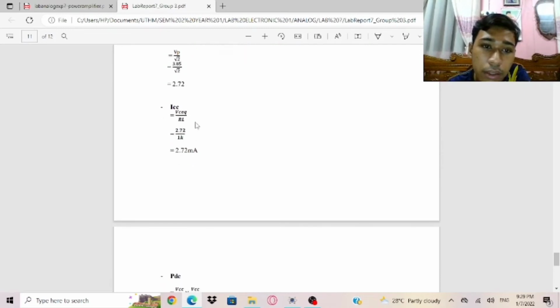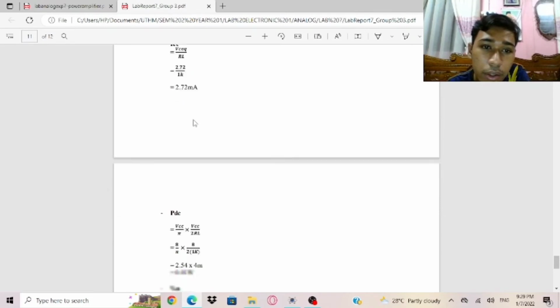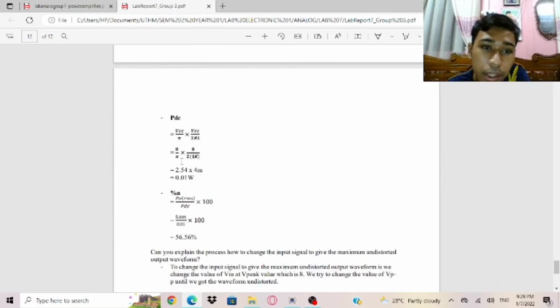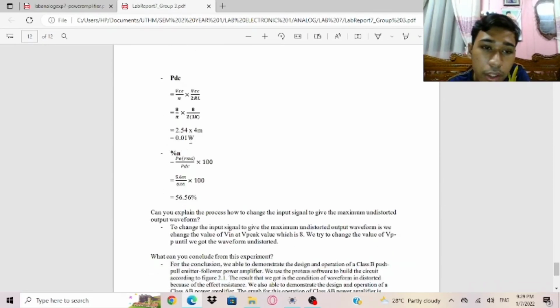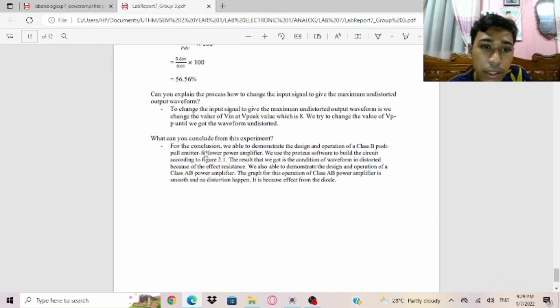For the ICC, we use the formula VCEQ divided by RL, which gives the value 2.72 milliampere. For PDC, we get 0.0 watt, and lastly for percent N, we got 56.56%.